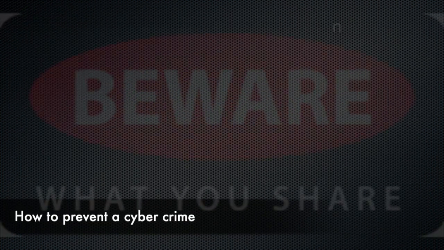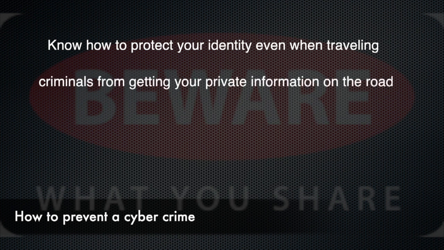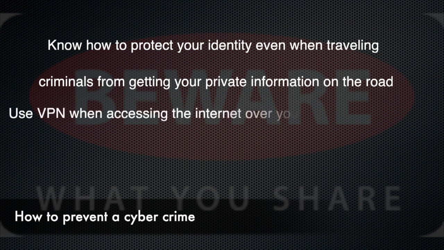It's smart to know how to protect your identity when traveling. There are a lot of things you can do to keep criminals from getting into your private information on the road. This includes keeping away the travel plans off social media and using VPN when accessing the hotel's Wi-Fi network.